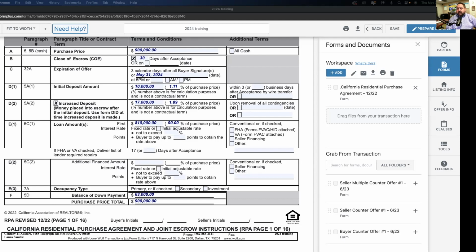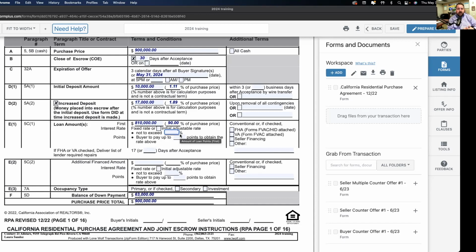So remember, the last thing we talked about when it came to the financing is to make sure that you have an appropriate interest rate in this section because, just to reiterate, this is where we ended last week, that interest rate can affect the ability of the transaction to close, right?